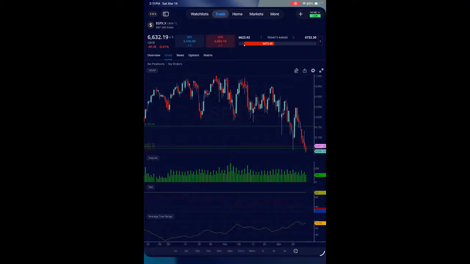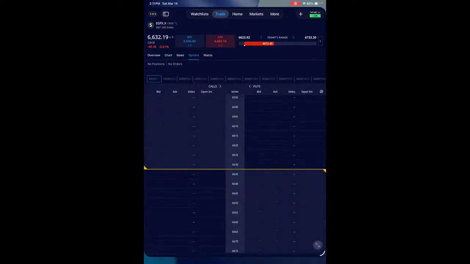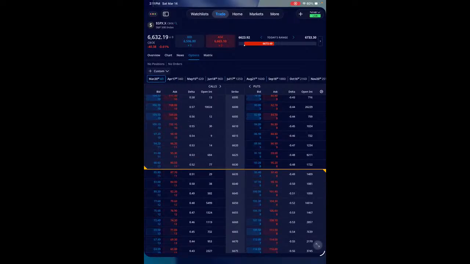We're able to take a look at the options chain, and what we do is identify where the previous day's low and high are on the options chain, and then we identify where the highest number of open interest contracts are resting. That's going to determine previous day's high, previous day's low, highest number of open interest contracts. That's where price is going. Now we know price is going there.